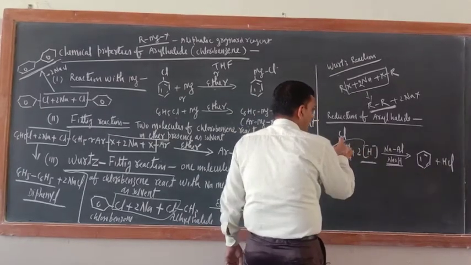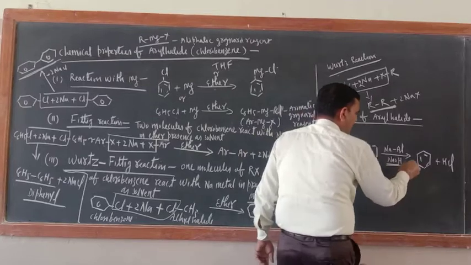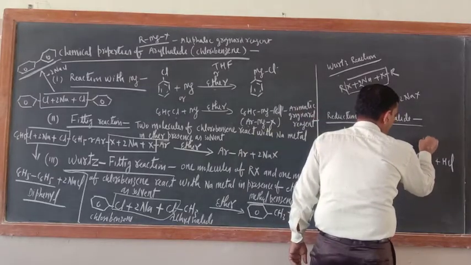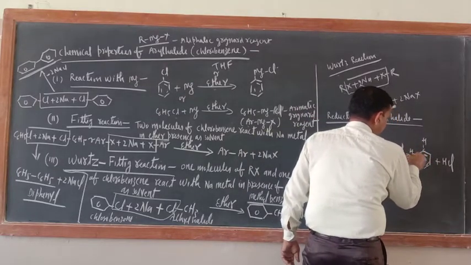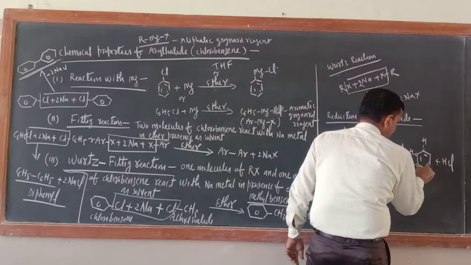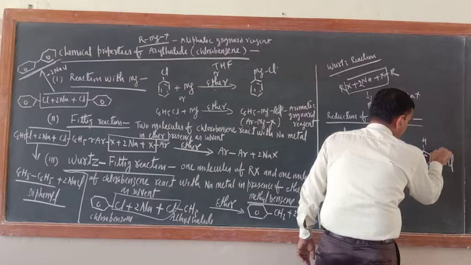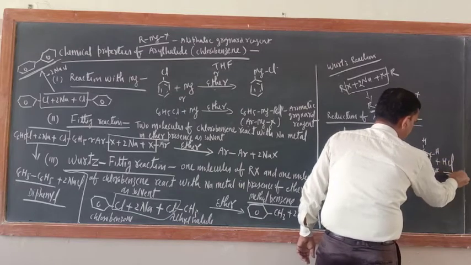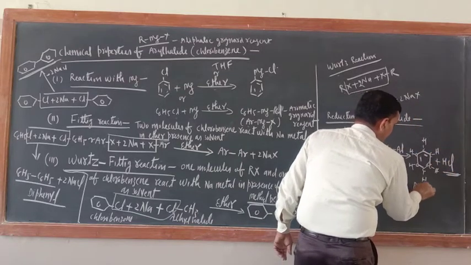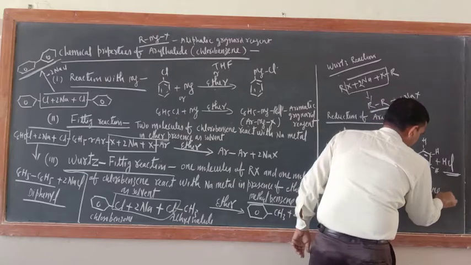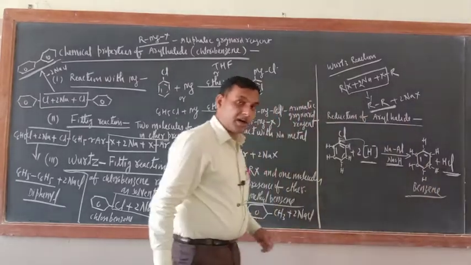Now in place of Cl, here CH, here also CH, and so on around the ring, and HCl. So what is this product? This is benzene.